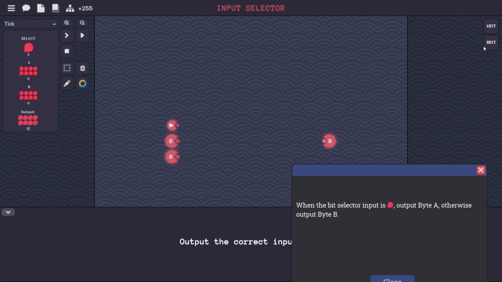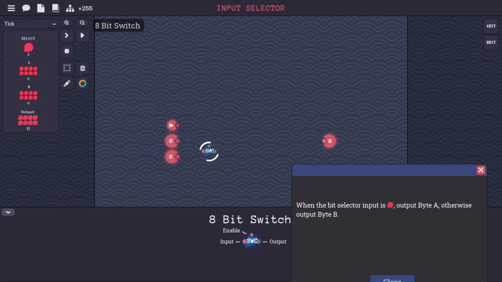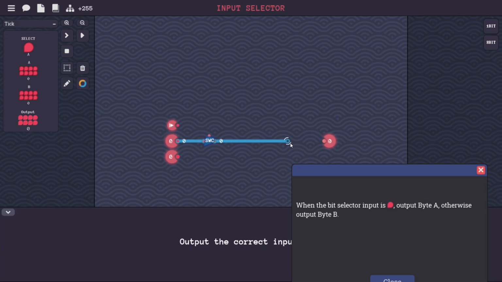So for this case, we are dealing with bytes, so we don't need to split it or anything. We just need to kind of switch. So we are told that the output here should always be this. Let's see if we get that.